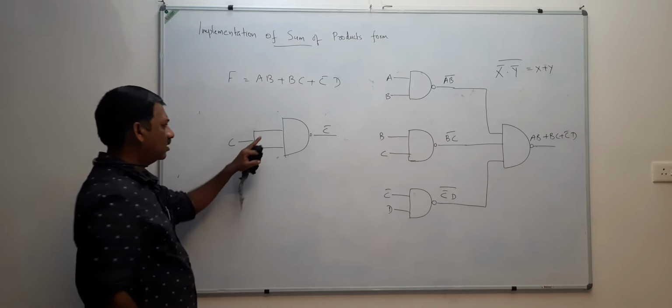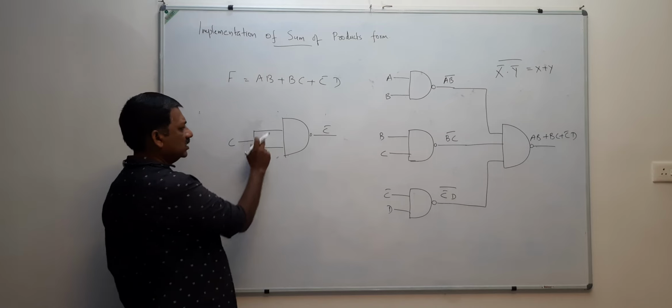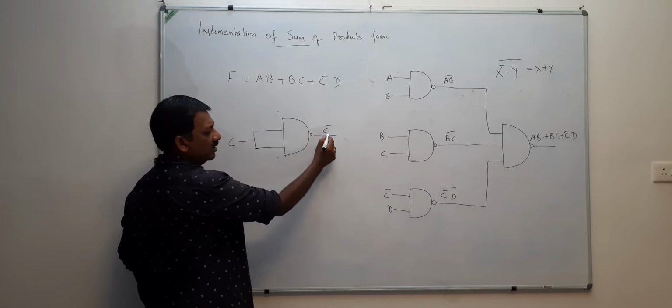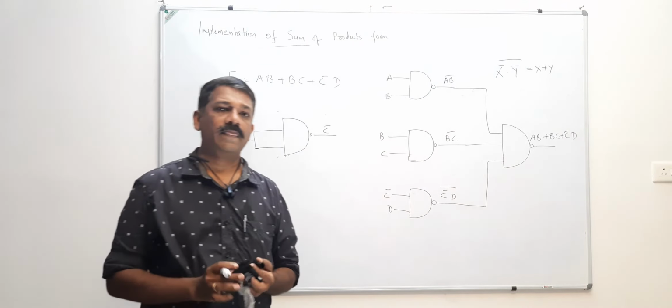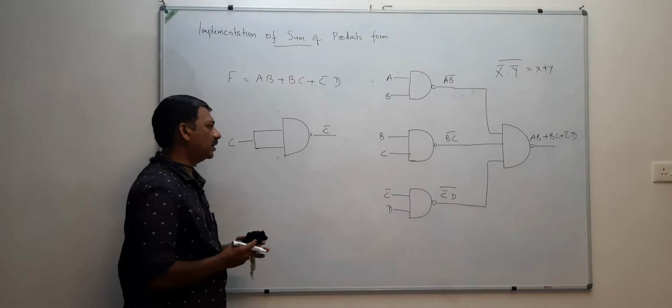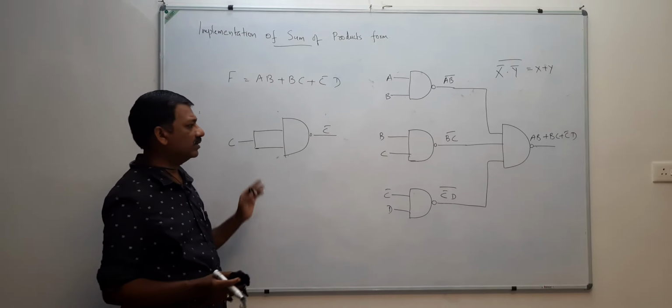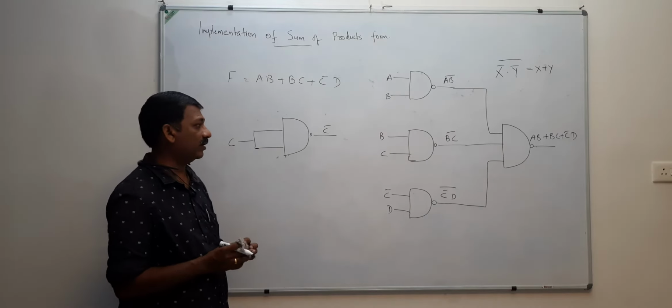That means you have a 2 input NAND gate, and C dot C is again C, and when you are complementing that you get C bar. That means to complement a literal using a NAND gate, just give it as input and take the output. That means the output will be the complement of the input.